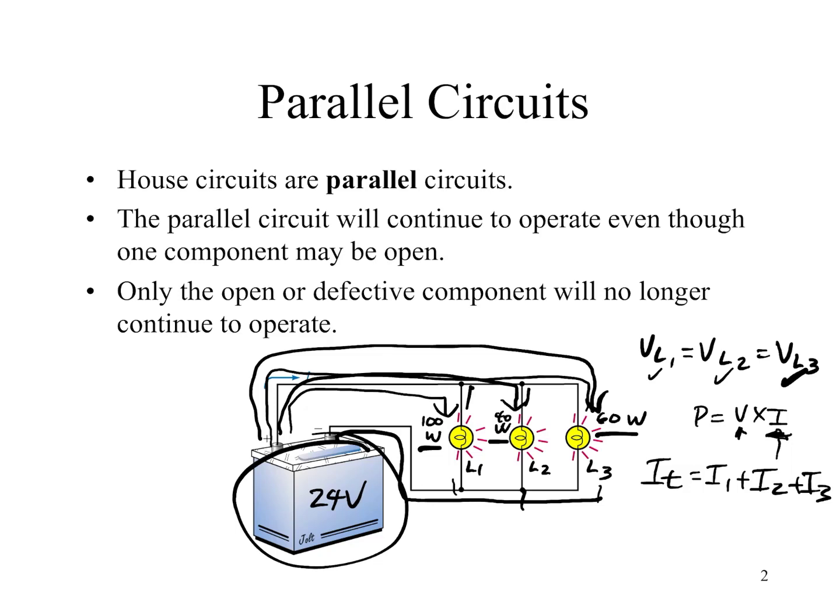It also provides independent operation of the loads. So what it means is that if we were to put a control device or a switch into each one of these branches, we could independently control the 100 watt, the 40 watt, and the 60 watt.